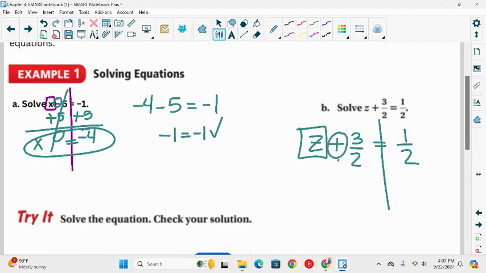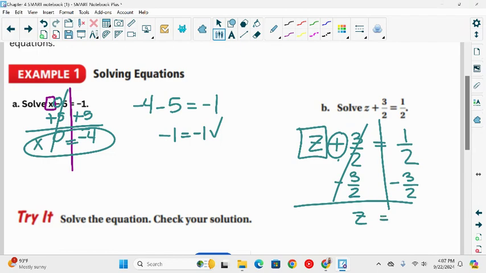So the opposite of that, its additive inverse, its zero pair, is going to be minus 3/2, because 3/2 minus 3/2 gives me 0, so that cancels out. Whatever I do to one side, I have to do to the other. So now I've got z all by itself, so I can bring it down. I can bring my equal sign down.